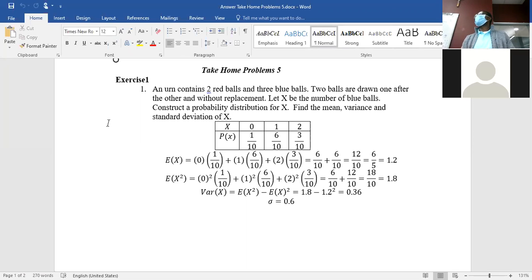Is it okay so far? If you have a question, please ask. Yes, it is either this or this. So that's why we add, because it is either this one or it is this one. So there are 2 ways.